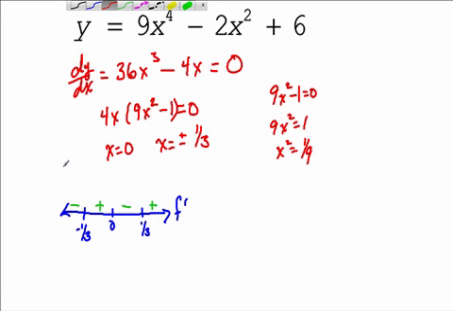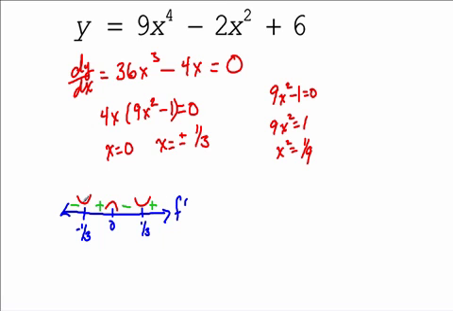We just now need to determine where the maxes and mins are. Now remember, I said in our notes on the previous page that a maximum occurs when it goes from positive to negative. So here we have a maximum. Okay, now I also said a minimum occurs when it goes from negative to positive. So here we have a minimum, and here we have a minimum.